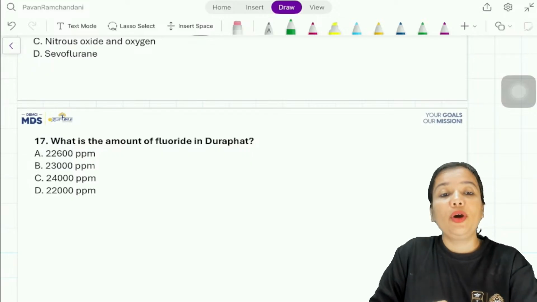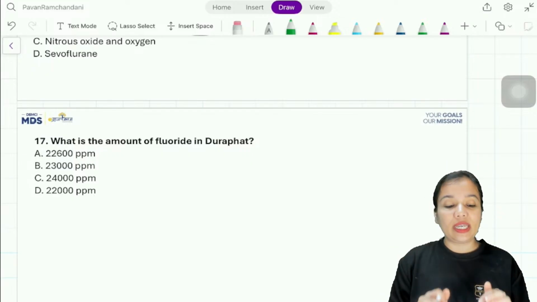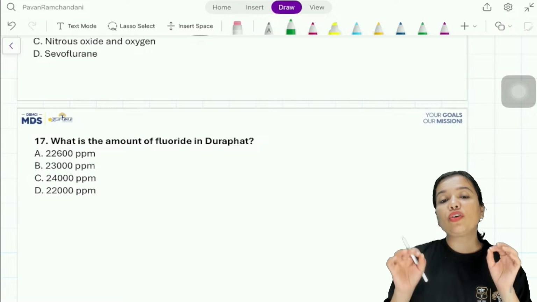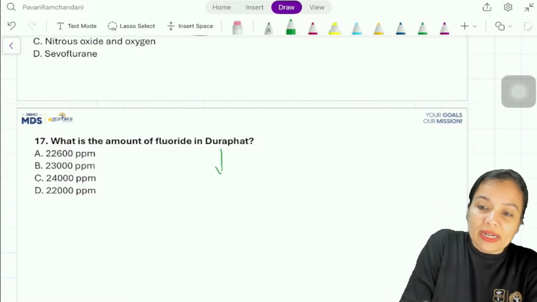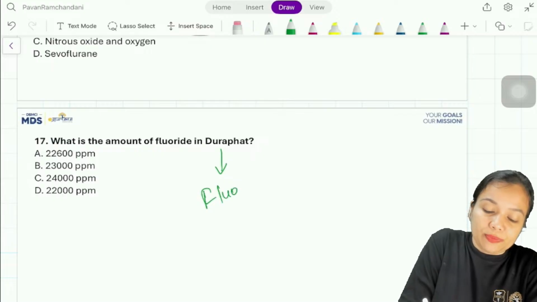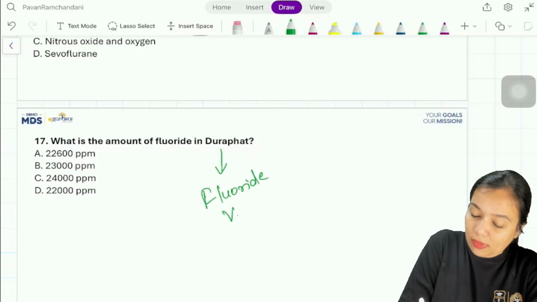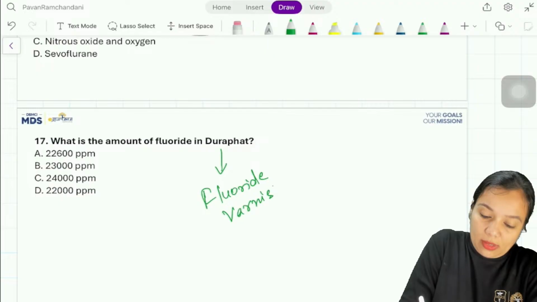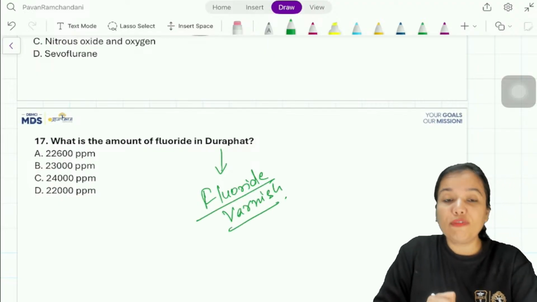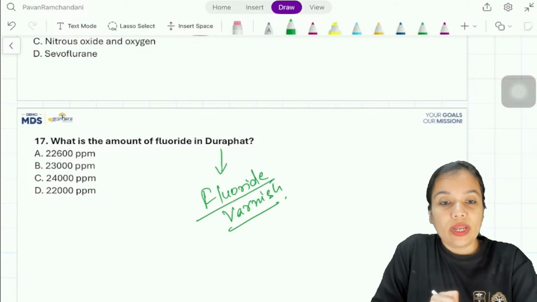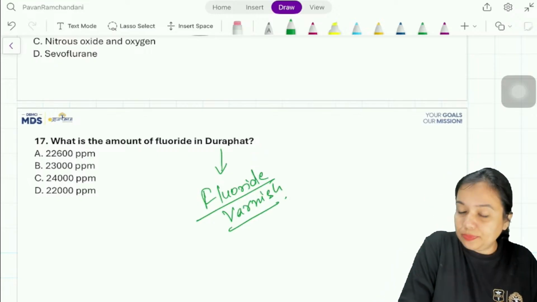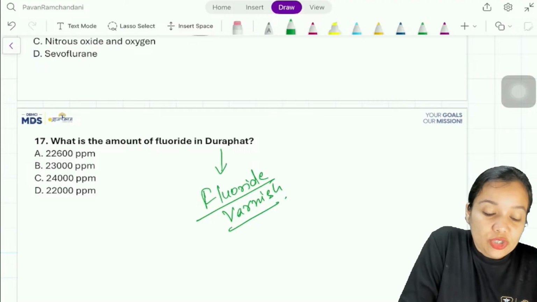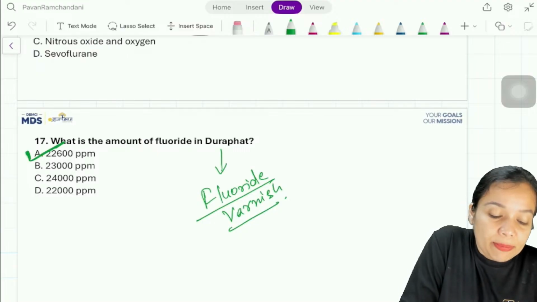Okay. Hopping on to question number 17, what is the amount of fluoride in Duraphat? So what is Duraphat? Duraphat is a fluoride varnish, right? And the amount of fluoride in Duraphat is 22,600 ppm.